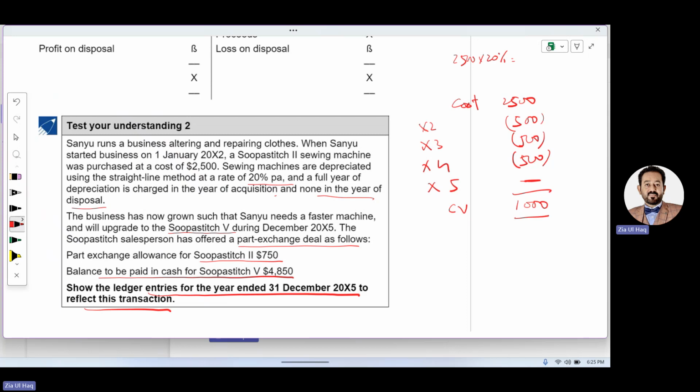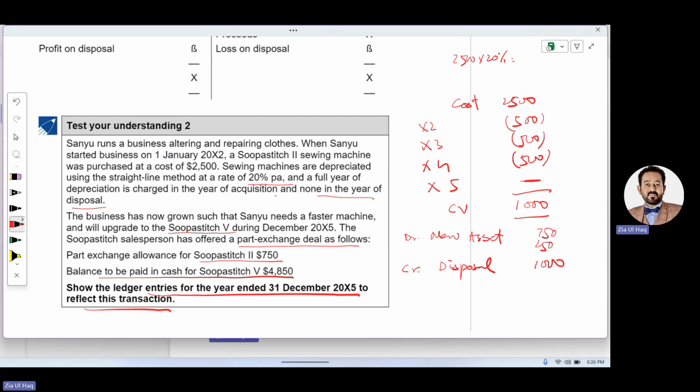But they are taking it at 750. So there is a loss of how much? 250. This means the first entry will be debit new machine, the new asset, and credit disposal. Our asset of 1,000 is going, but they are considering it at 750.